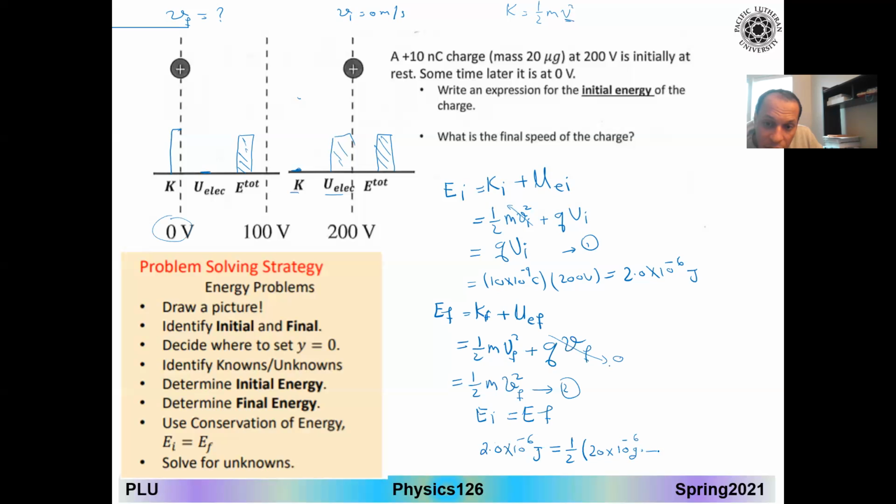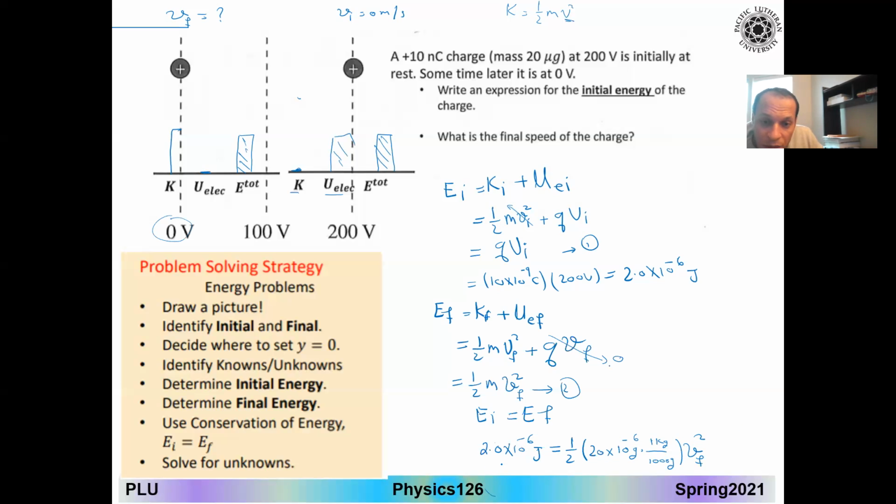I need to convert to kilogram, so multiply by 1 kilogram over 1,000 gram, multiplied by V final squared.